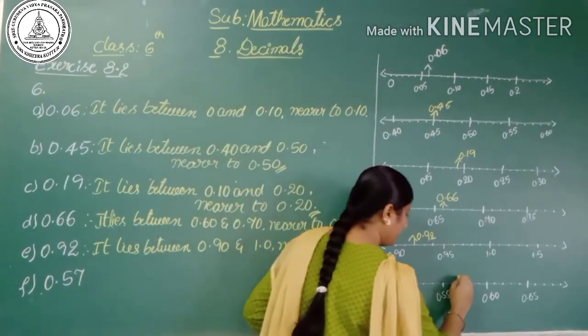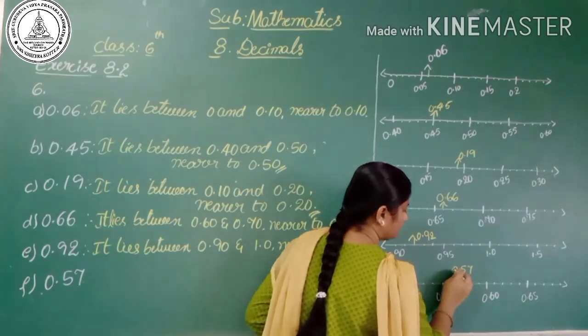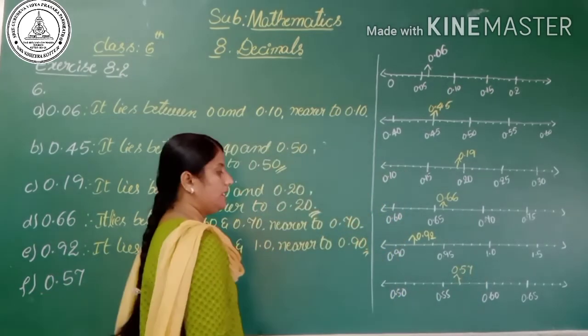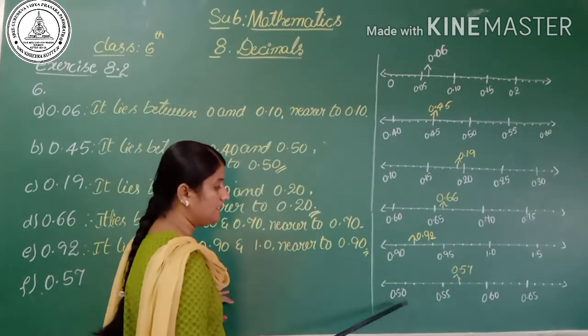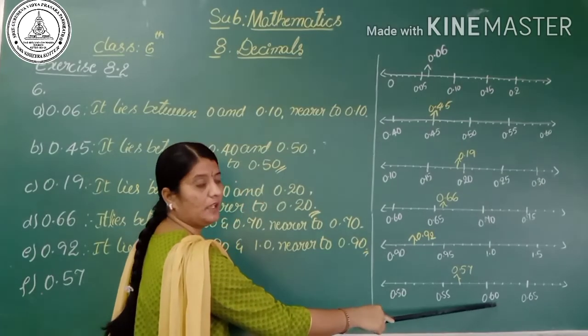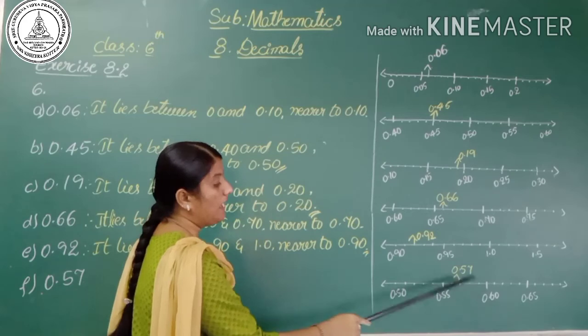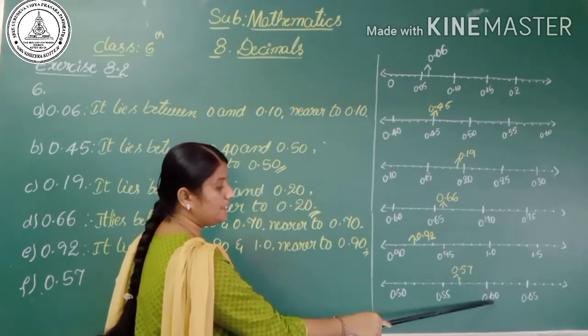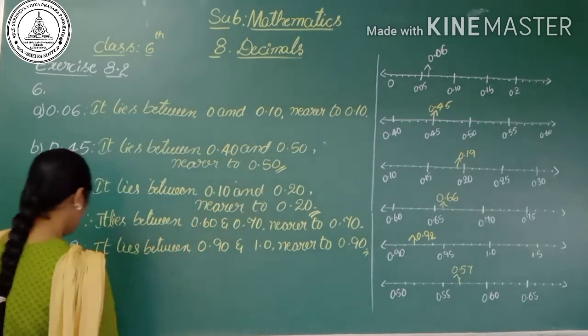Yes, here there is 0.57. Now 0.57 lies between 0.50 and 0.60, and it is near to 0.60. Right? Yes. Write down here.